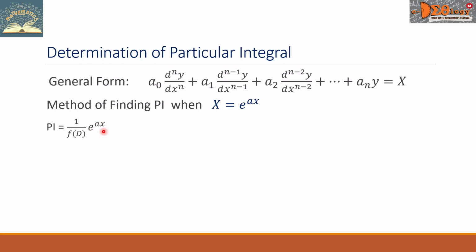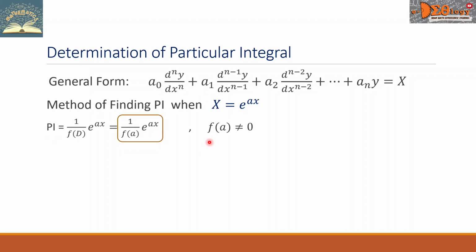This e raised to ax is the right side value of the general form. Then we're going to evaluate this f of D with respect to the value of a. Take note that the value of a is the coefficient of x in the exponent here.